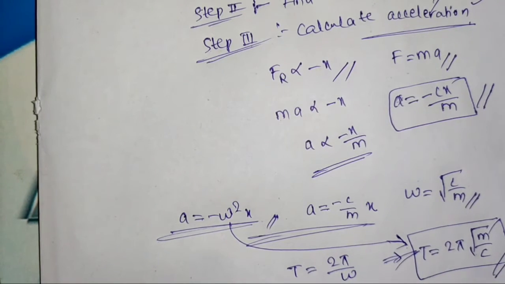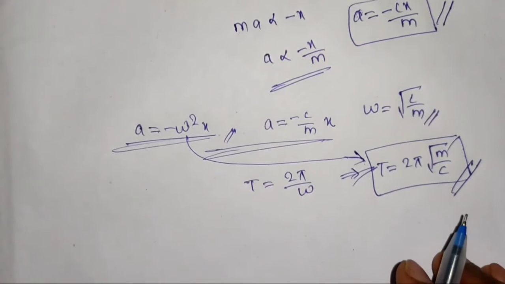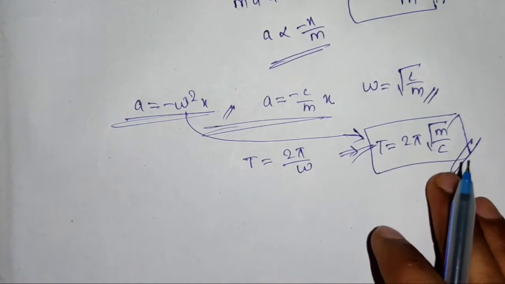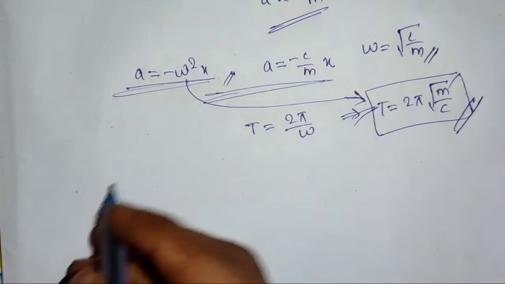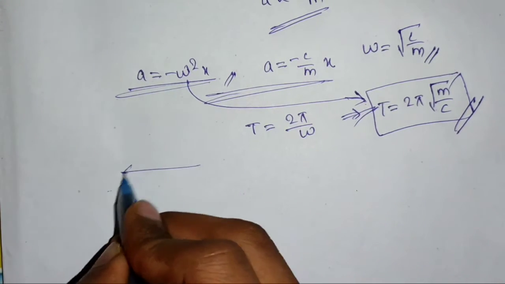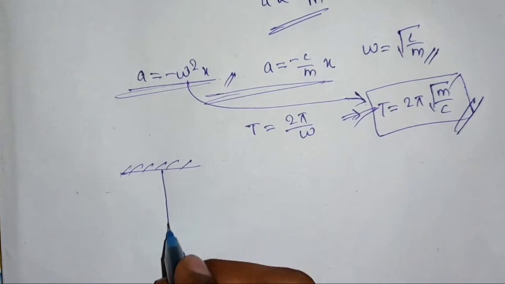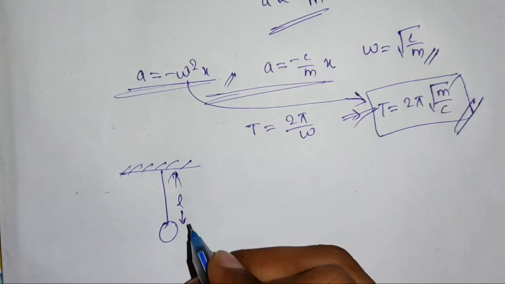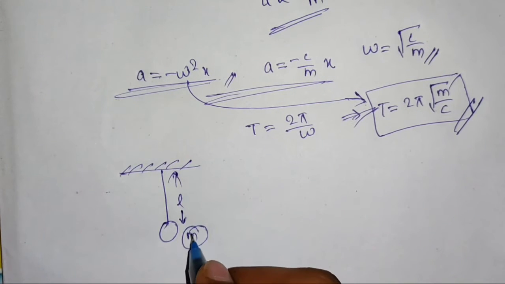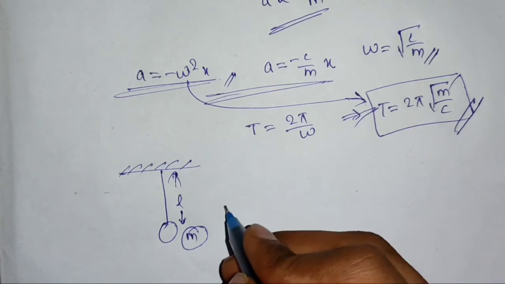Okay, on this basis we can calculate time periods of simple SHMs, like a simple pendulum. If a bob of mass m is hung with a string of length L, here we get the time period.